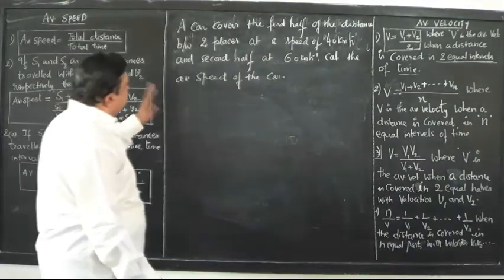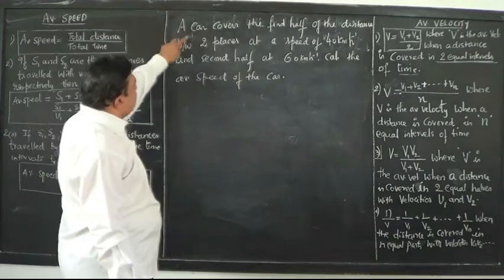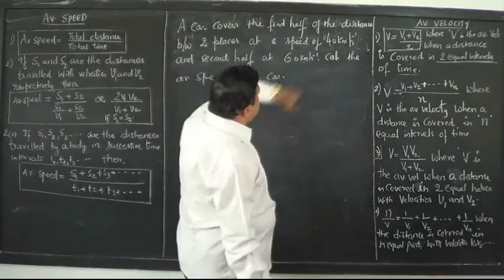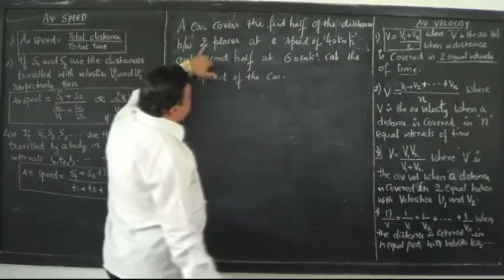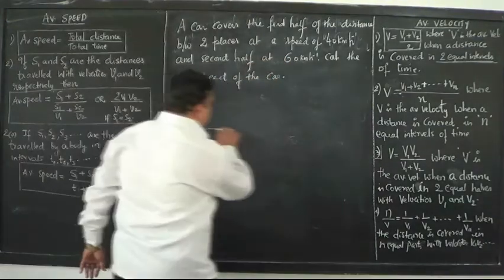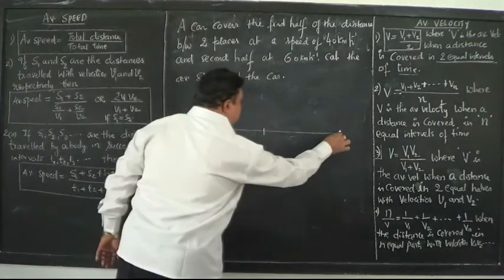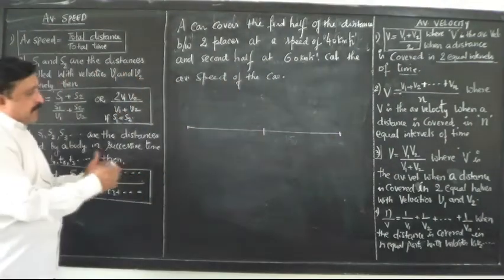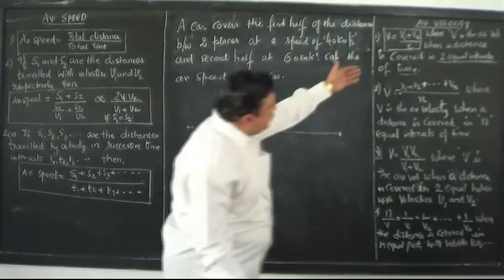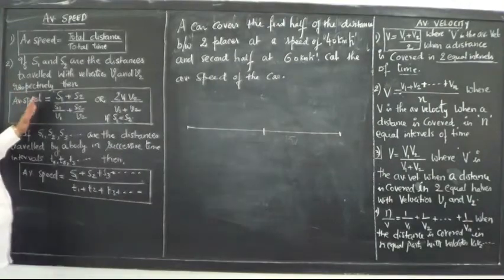Now I have to think of the situation. Which of these formulas will match to solve this problem? A car covers the first half of the distance between two places at a speed of 40 kilometers per hour, and the second half at 60. So here the entire distance is divided into two equal halves in terms of their distances, not in terms of their time. If it is in terms of time, this is the formula. If it is in terms of distance, this is the formula.